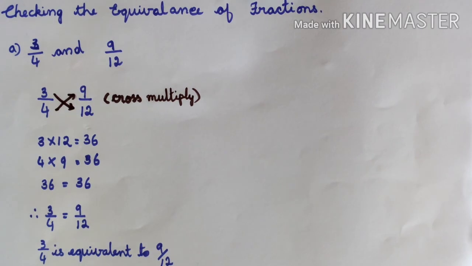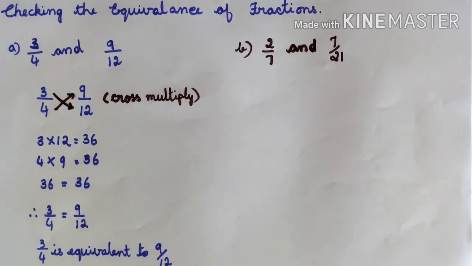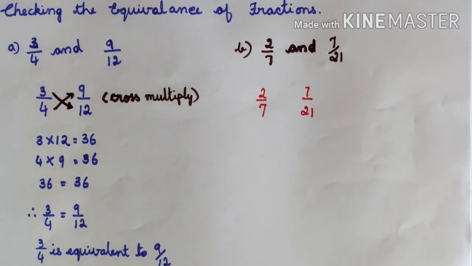Let's see one more example. 2/7 and 7/21. Write them side by side and cross multiply.